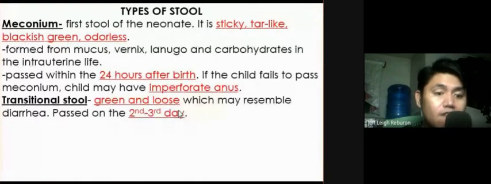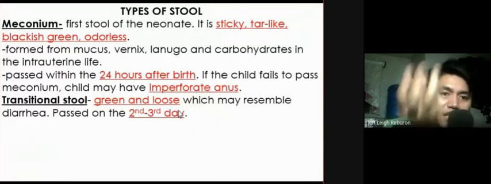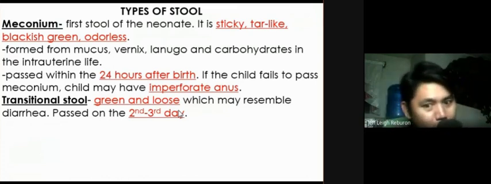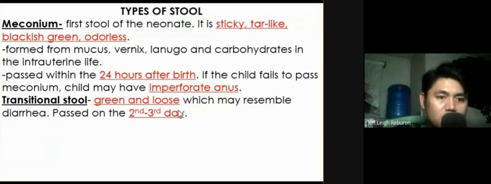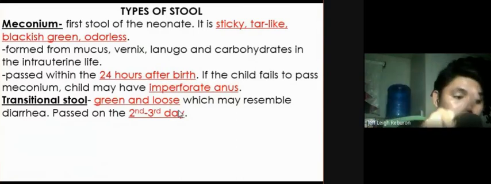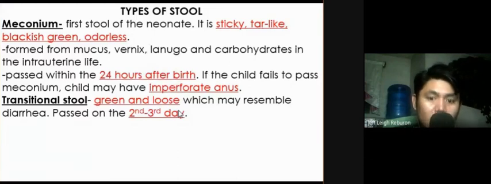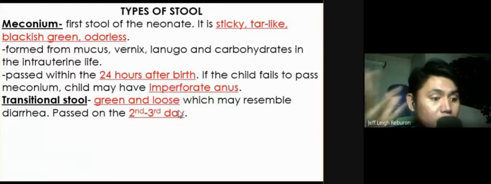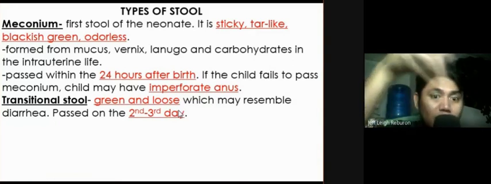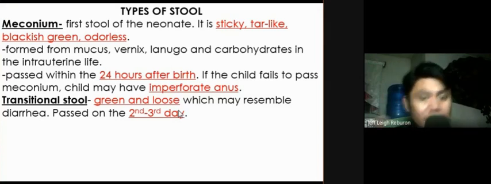Okay, which may resemble diarrhea, and it is passed on the second to the third day of life. There are still a trace amount of meconium that is seen in the intestines. And when the child will start to drink milk, it mixes with the meconium, kaya po siya tinawag na transitional stool.